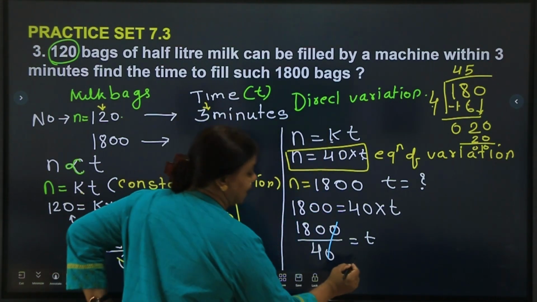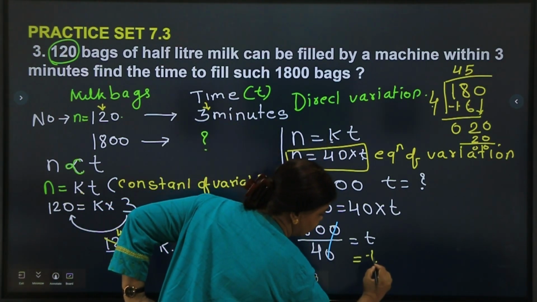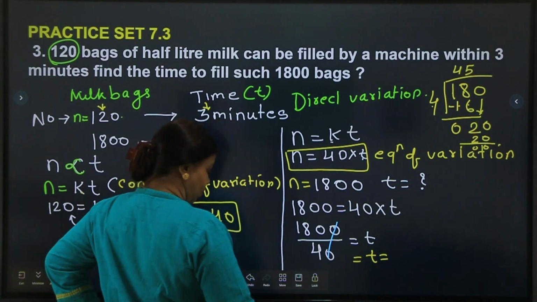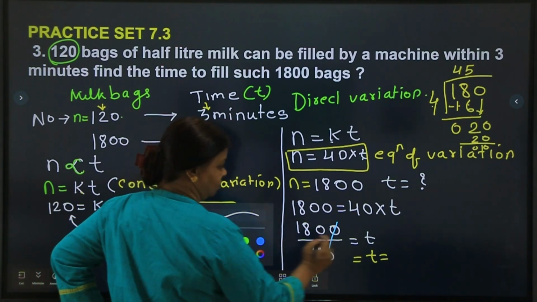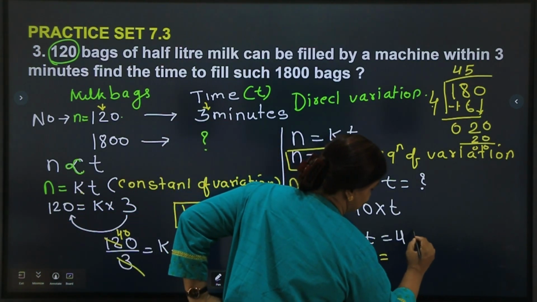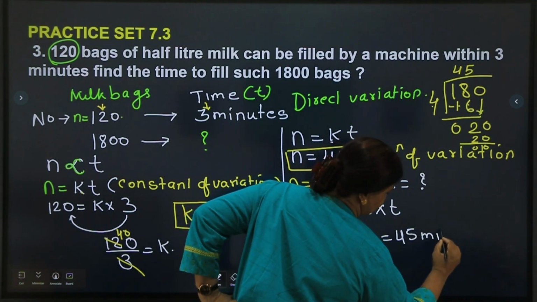So time taken will be 45 minutes. Clear?